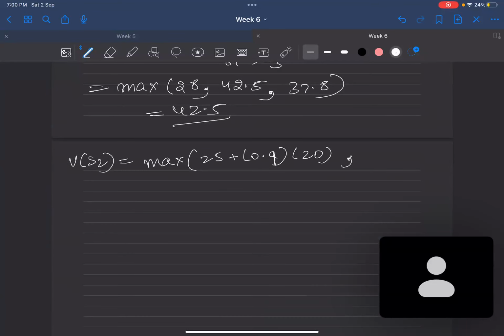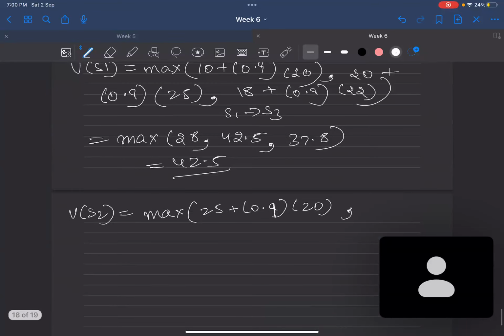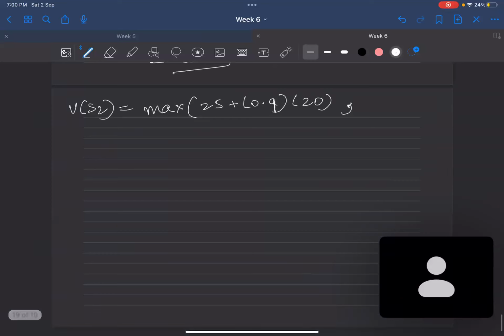Plus 15 into 0.9 into 22. S2 to S2, what is the reward? 12. 12 plus 0.9 into 25.